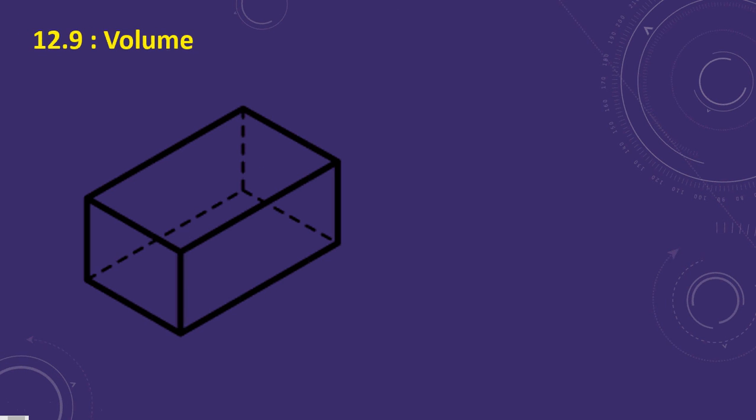Okay, volume. In this case, we have a rectangular prism. Now, the formula for volume is the following. It's length times width times height. The new thing over here is this h. That means height o profundidad.